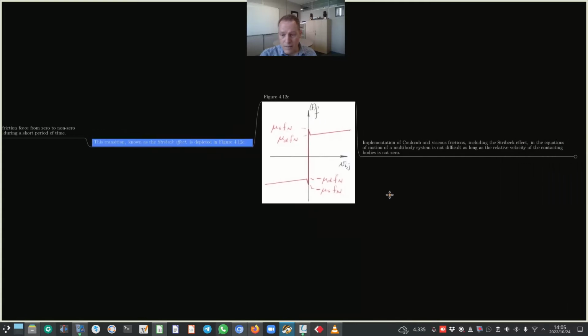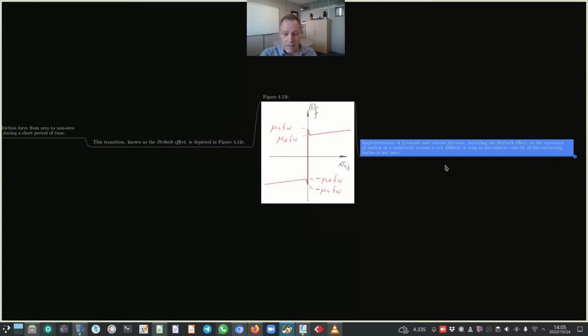Now, implementation of Coulomb and viscous frictions, including the Stribeck effect, in the equations of motion of a multibody system is not difficult, as long as the relative velocity of the contacting bodies is not zero.